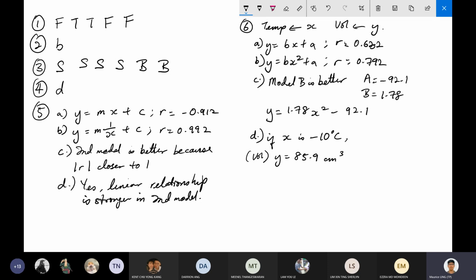But do you think the answer is reliable? Yeah, I think it's reliable because it's more than 0.9. What is more than 0.9? You see, is it more than 0.9?